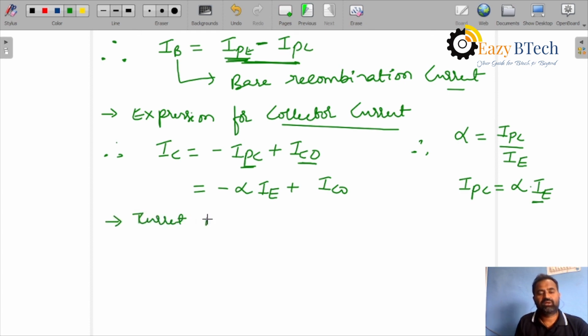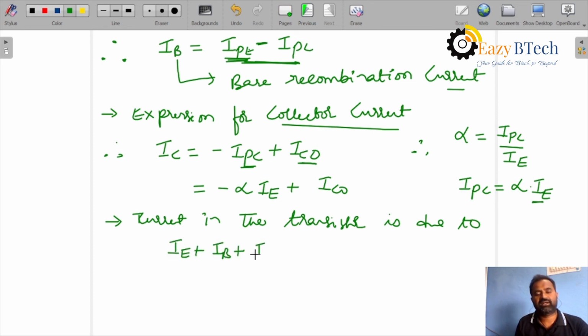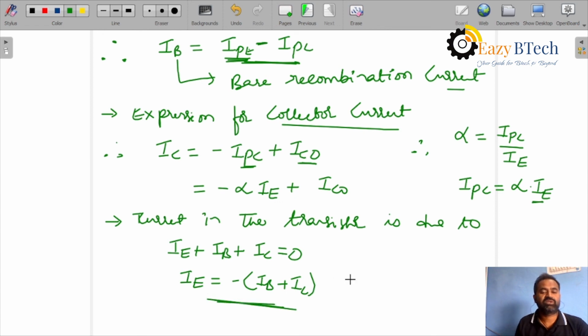Current in the transistor: the emitter current, base current and collector current sum to 0. Now the emitter current we will write as minus IB plus IC for an NPN transistor. Now this you can substitute in equation 1. Assume it is equation 1. Substitute 2 in 1.